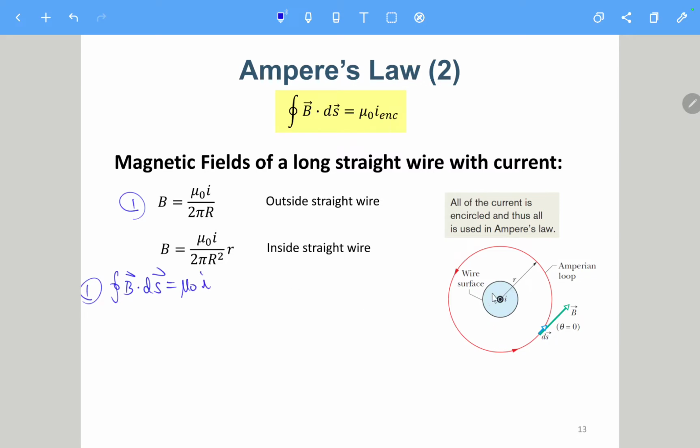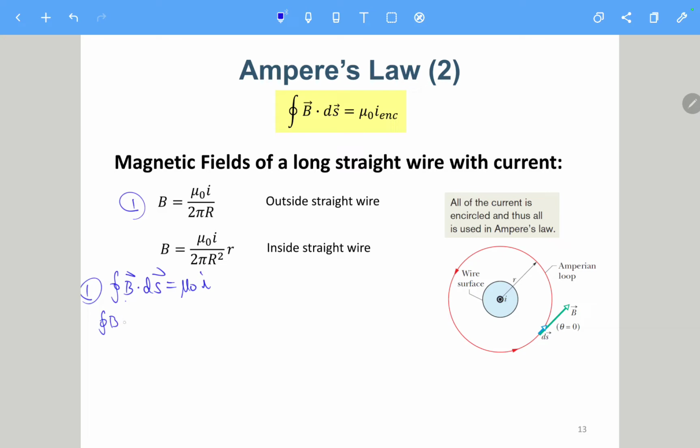We assume I is this current, and due to symmetry, for a fixed r the B field is uniform, and B is parallel to ds, pointing in the same direction. So B dot ds is nothing but B times ds.